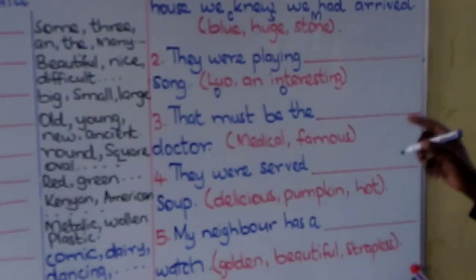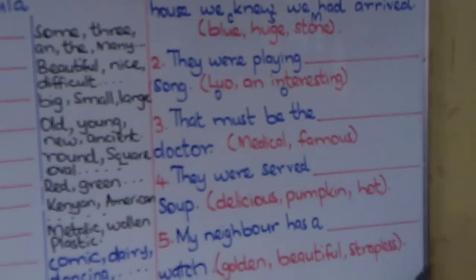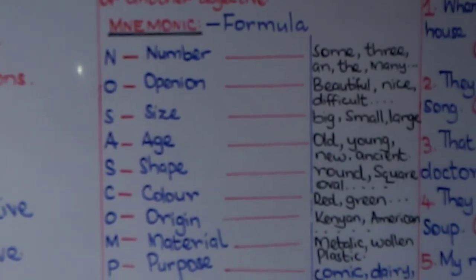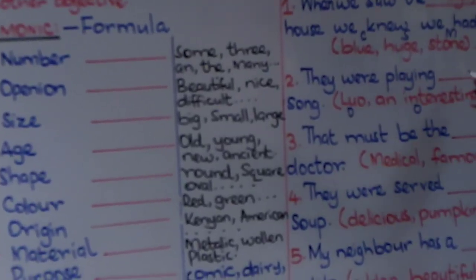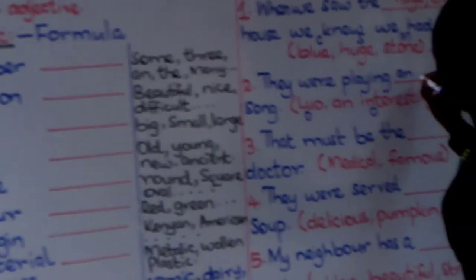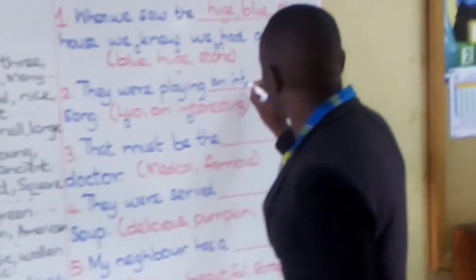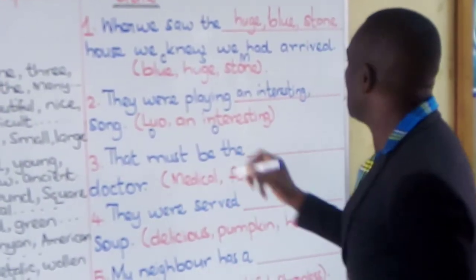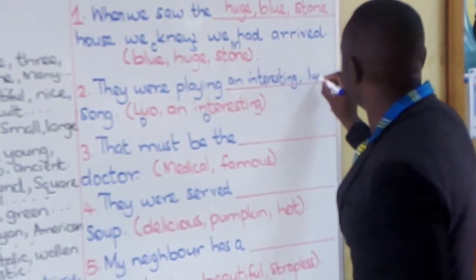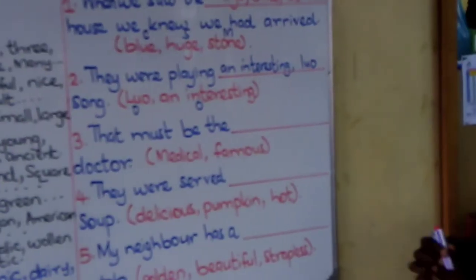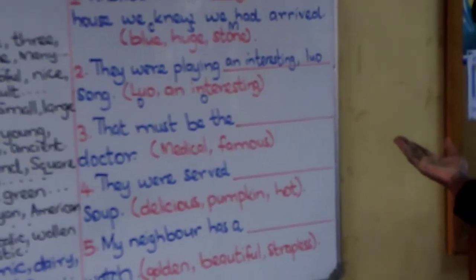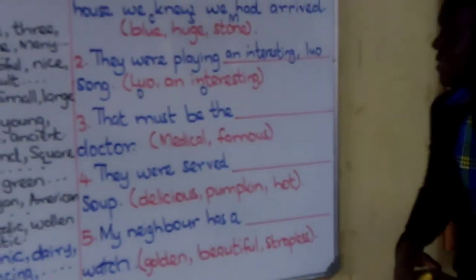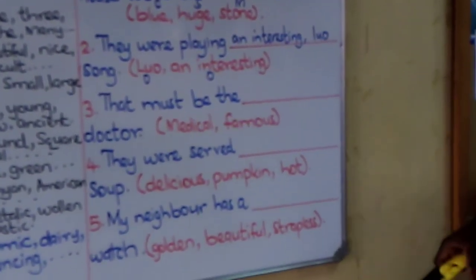So let's look at which one comes first in our order of adjectives. Of course, it's opinion. And so we would say uninteresting, then Luo. An uninteresting Luo song. Boys and girls, does it make sense? Of course it does. And so I would like you to answer these questions for me on your own.